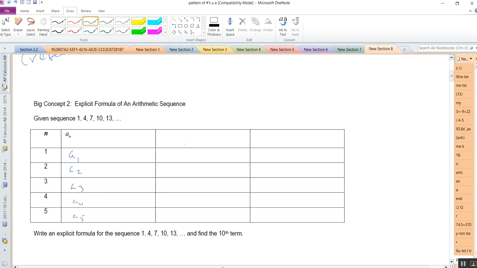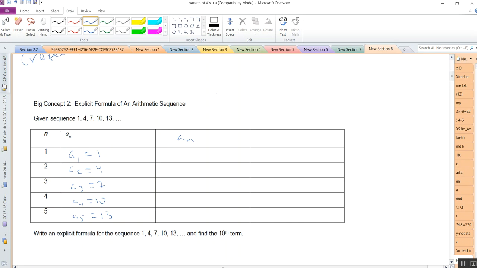And of course, given the sequence above, I know that a1 is 1, a2 is 4, a3 is 7, a4 is 10, and a5 is 13.